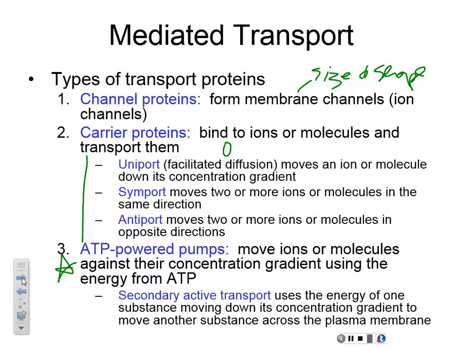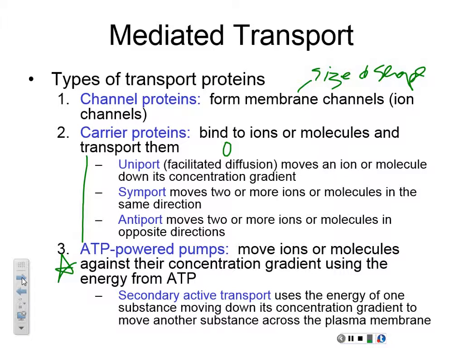It happens when a molecule is actively moved out of the cell to create a concentration gradient. And then when we use that concentration gradient to move back into the cell, and then piggyback another molecule with it, that's secondary active transport.